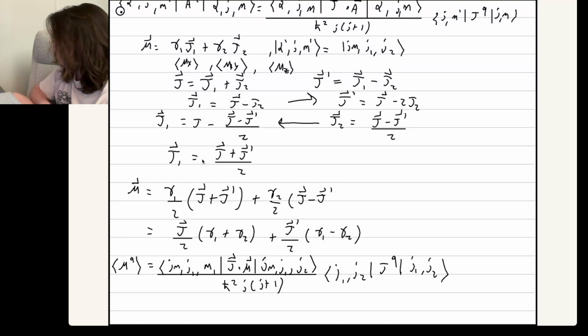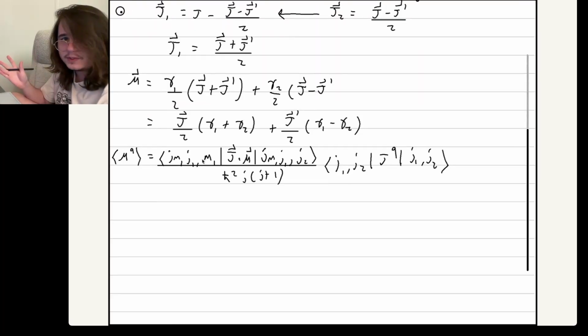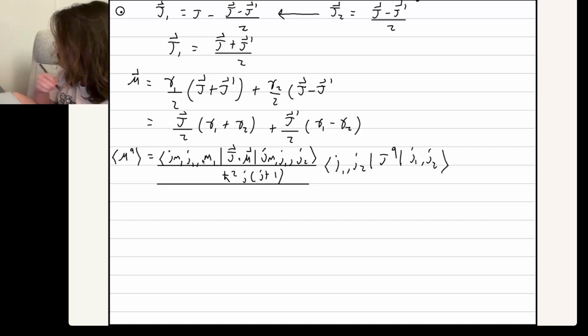So it doesn't matter which component of the angular momentum vector you're looking at, it's going to have this term in each of them. So let's go ahead and just figure out what that term is before we do anything else.